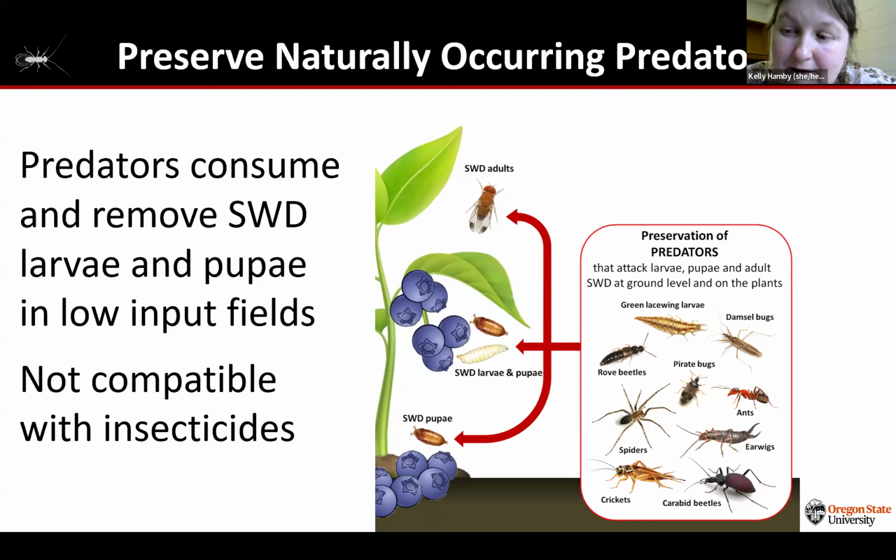But unfortunately, the best predators of spotted-wing Drosophila are the arthropods, and the arthropods are sensitive to chemical insecticides. So in low-input systems where you're not using chemical insecticides, biological control is helping. These predators are helping, but they usually do not provide sufficient control for fresh markets.